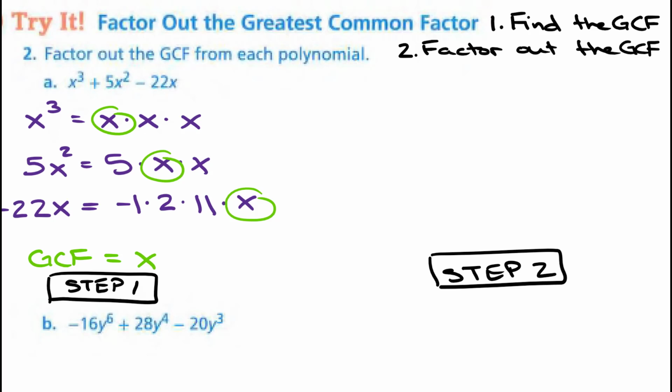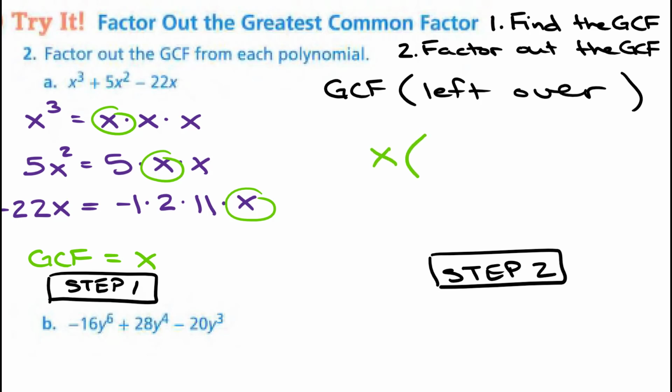What we're going to do is write our answer in a way that you have a GCF, and then you have parentheses with what's left over. In our example, our GCF was x, and then what's left over? Well, in the first term, x times x, this is my leftover part, so I have an x squared left over.